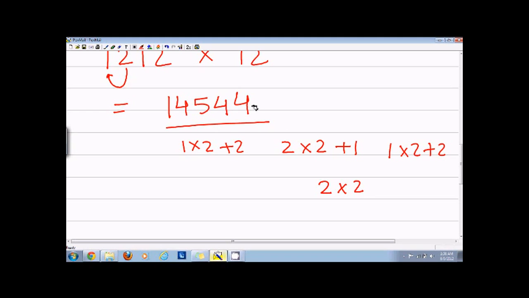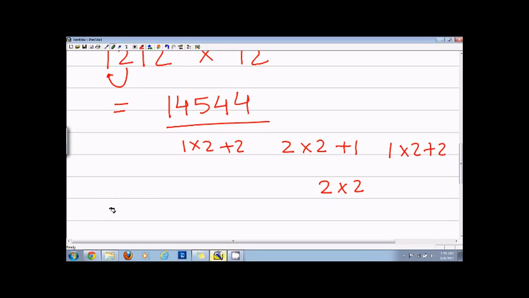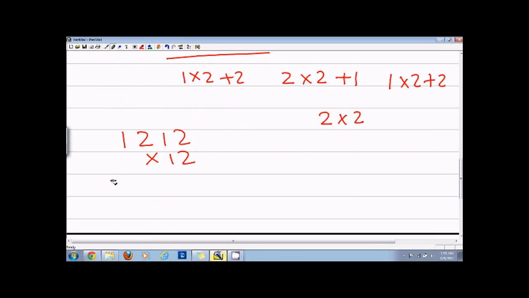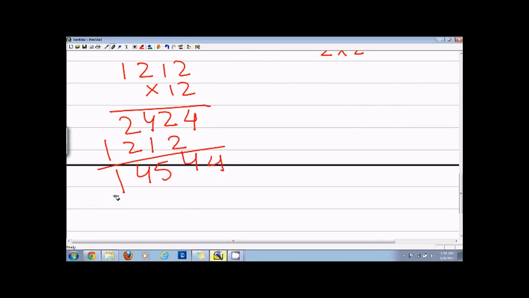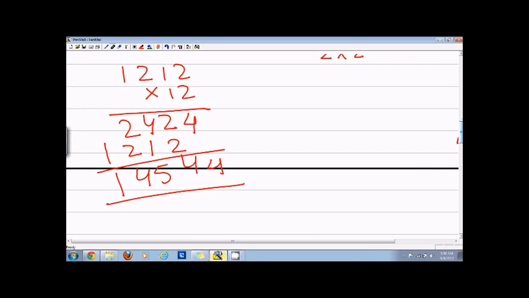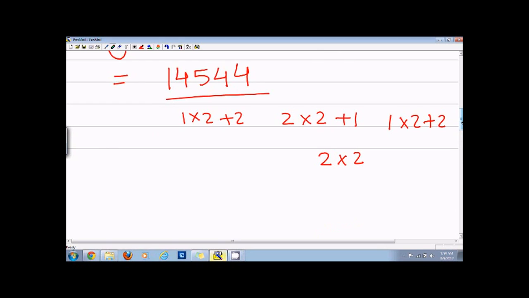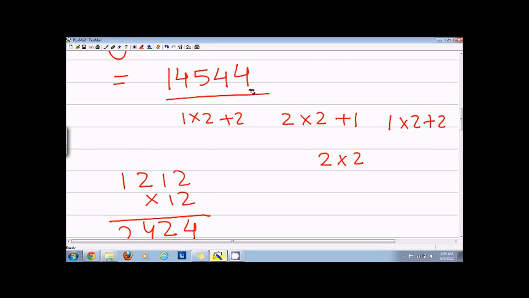So I can check if my answer is correct. I'll say 1212 into 12, and that will be equal to 4242, and then 2121. So the addition is 14544, and that is what I got as my answer.